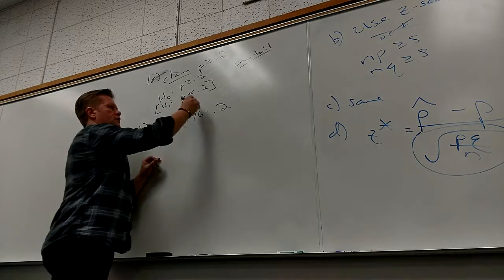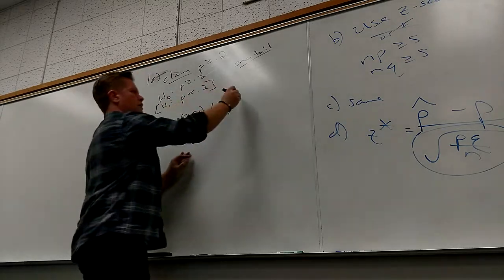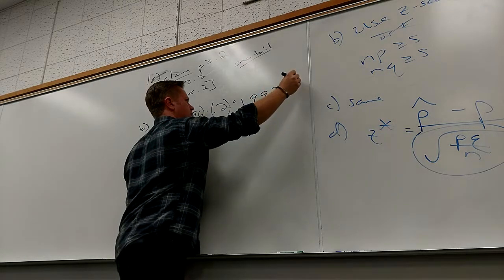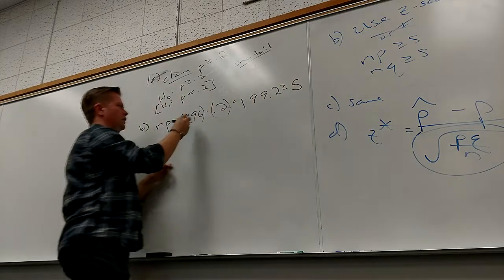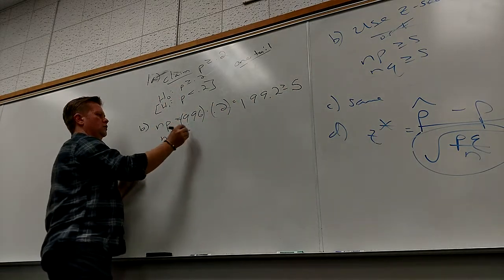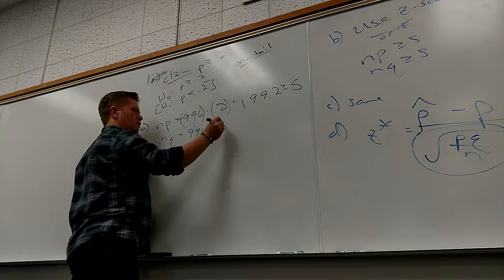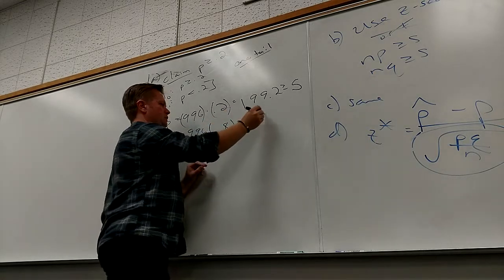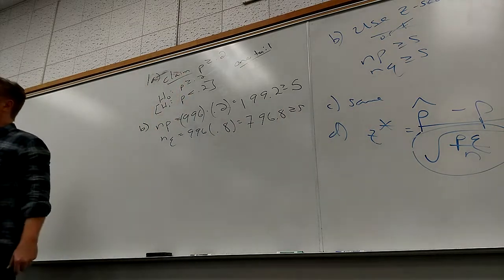Okay. So what is 996 times 0.2? 199. And that's at least 5. And then I also check NQ. What's Q? 0.8. And then this is 796. And that's at least 5. So that's the check to make sure what?